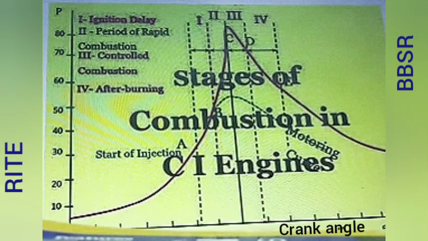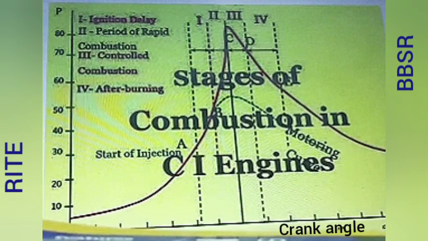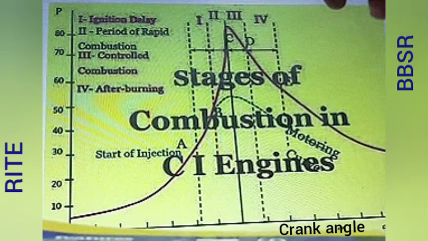So whenever you have a droplet, a lot of fresh air is present around that droplet. So there will be combustion, and in this case a huge amount of pressure is developed. Point C is the point where this rapid or uncontrollable combustion is completed.